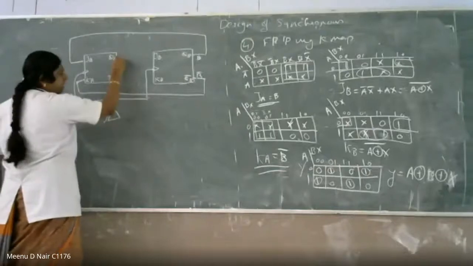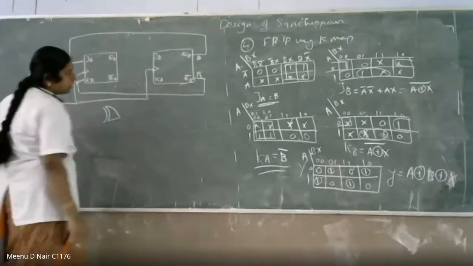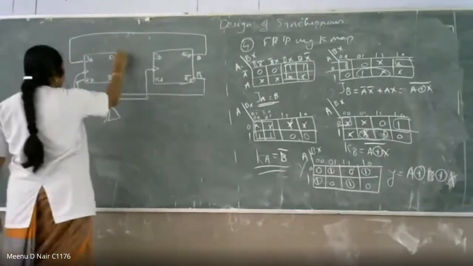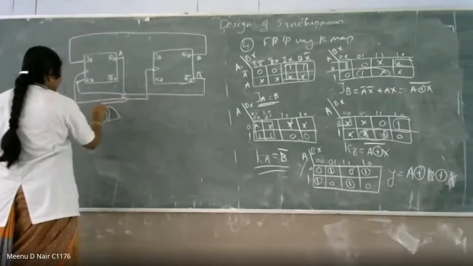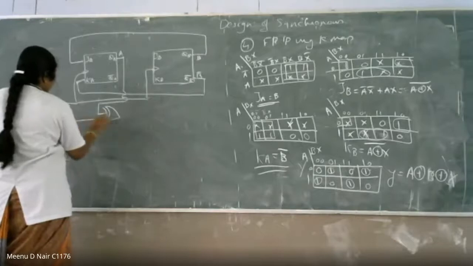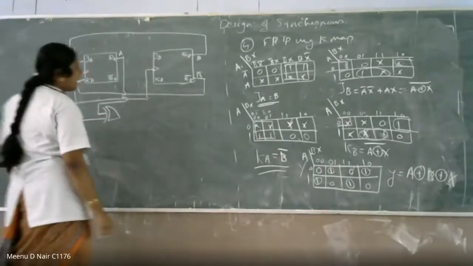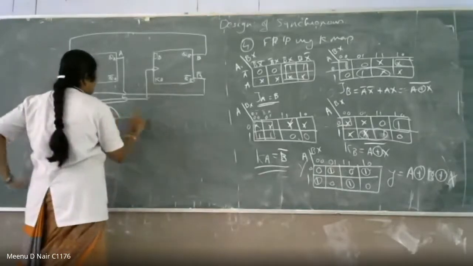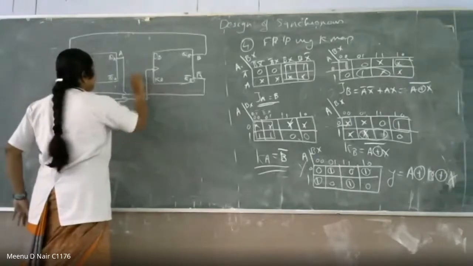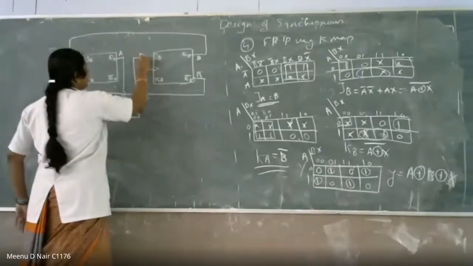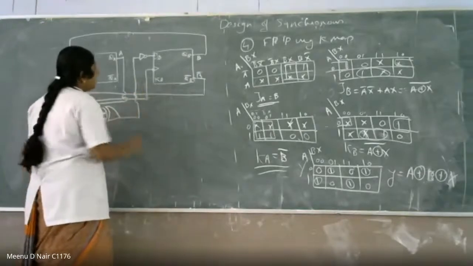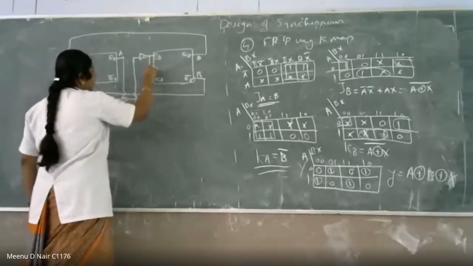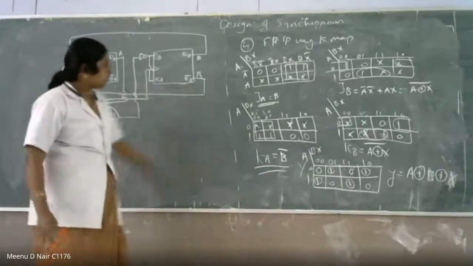This is A. QA is nothing but A. This is A XOR X whole bar. So it is connected to JB. The same thing, you connect to B. KB also the same thing.